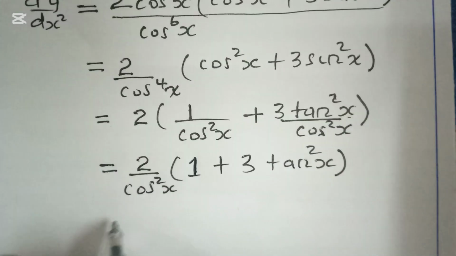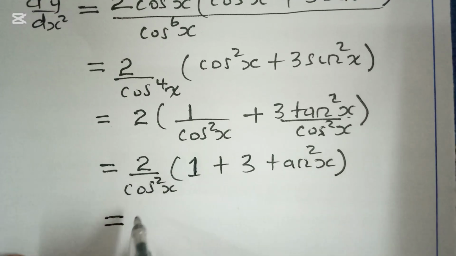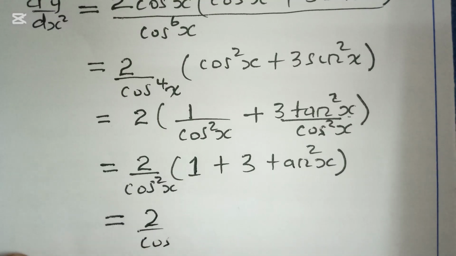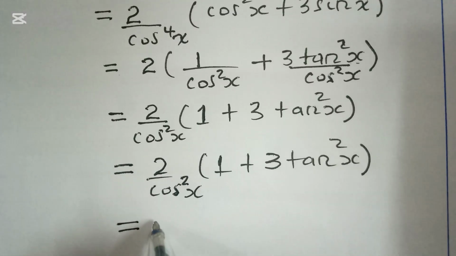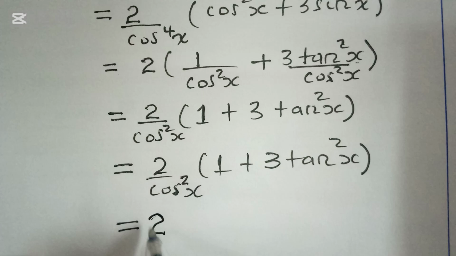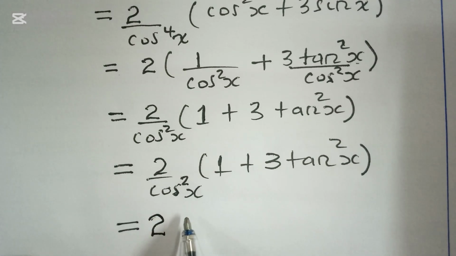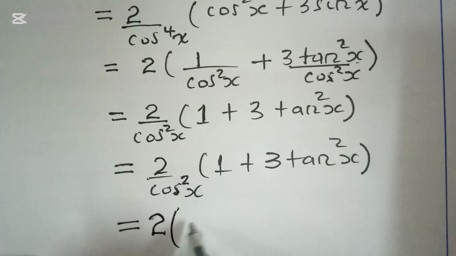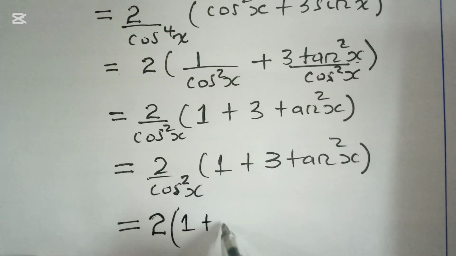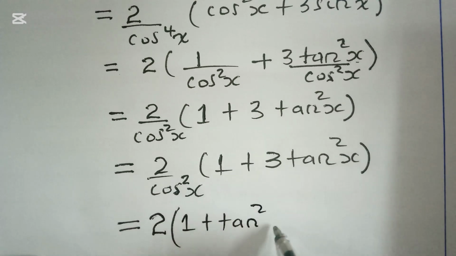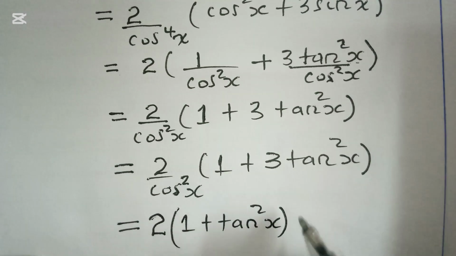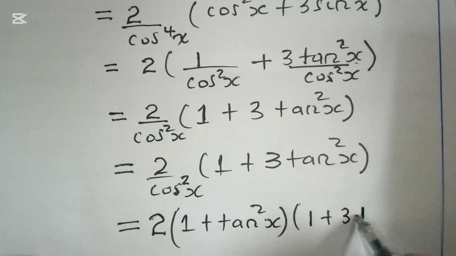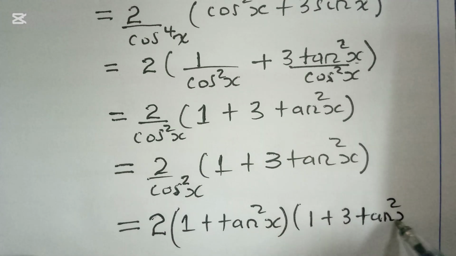And so therefore, guys, we shall have 2 times, as you know, cos squared x is the same as sec squared x, and the sec squared x is the same as 1 plus tan squared x, like that. And then we put 1 plus 3 tan squared x, like that.